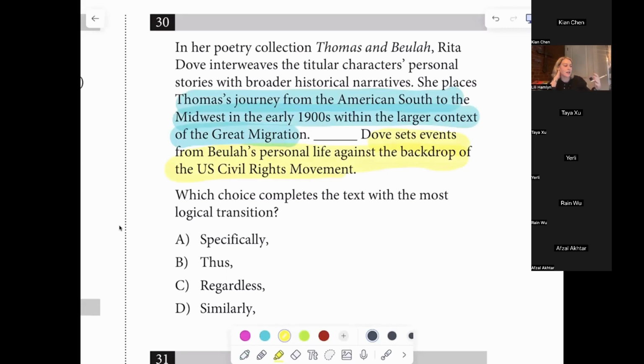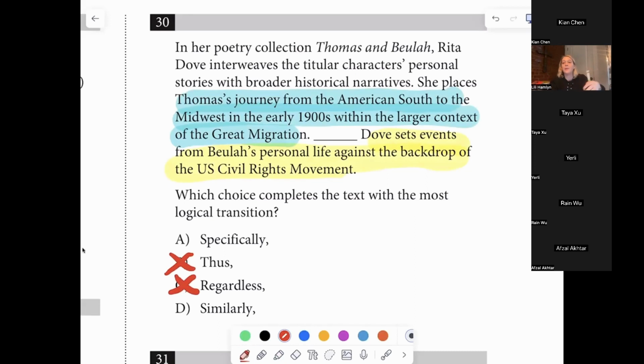I think it's clear that it's a continuation. So the ones that we could get rid of are thus, which is cause and effect, and regardless, which is a contrast. So is one more specific? Is one a more specific example of the other, or is one similar?